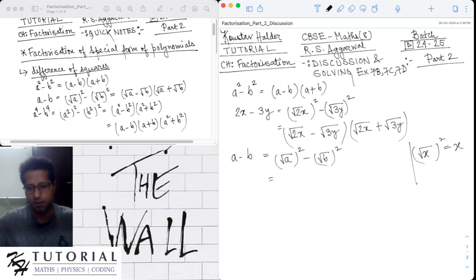So now we can say that this is equal to root of a minus root of b multiplied by root of a plus root of b.